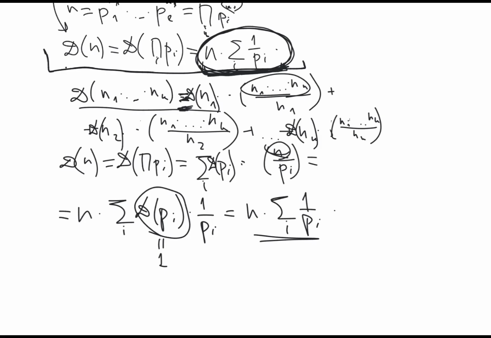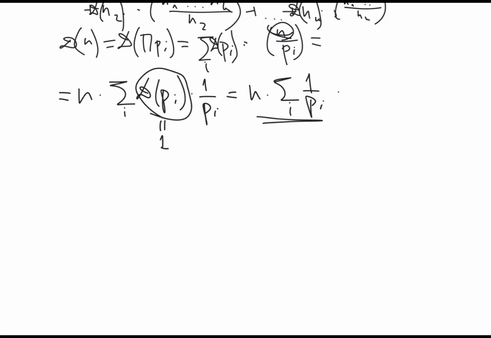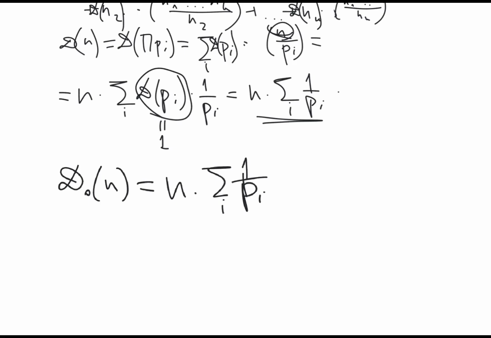So let's define d0 of n as n multiplied by the sum of 1 over pi, where pi are the prime divisors of n.